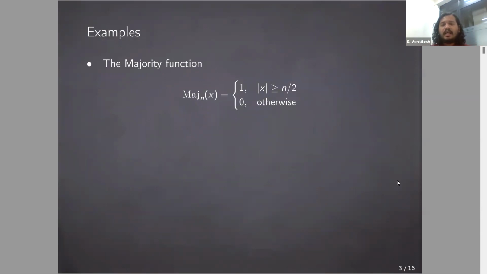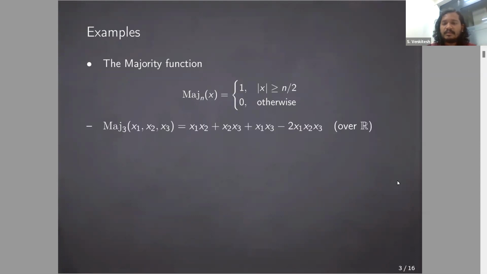If at least half the number of bits are set to 1, then the output is 1. Otherwise, the output is 0. So for instance, over the reals, for majority over 3 inputs, this is the exact representation: x1x2 + x2x3 + x1x3 - 2x1x2x3. And yeah, note that the representations could change when you change the field, right?